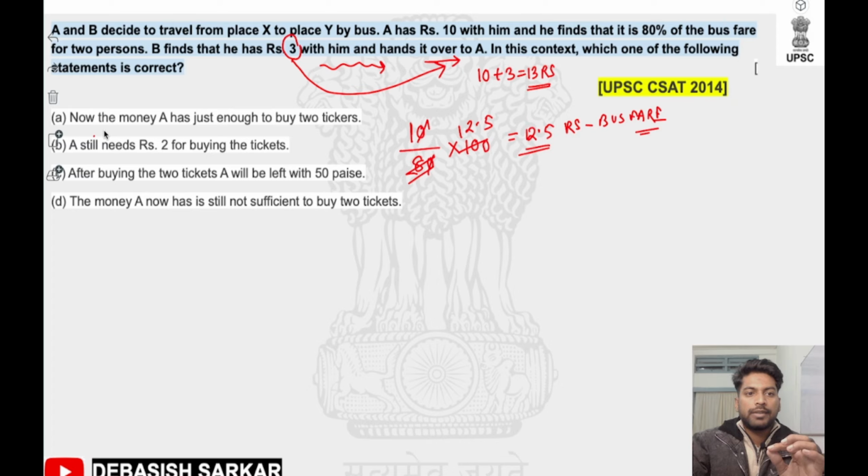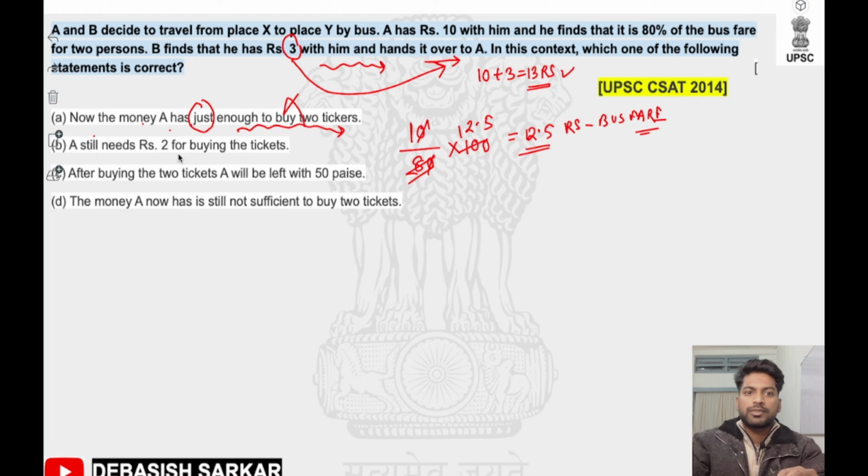Now the money A has is just enough to buy tickets. No, because A has more than the bus fare. Bus fare is 12.5, but A has 13 rupees. So it's not just enough, so it's wrong.